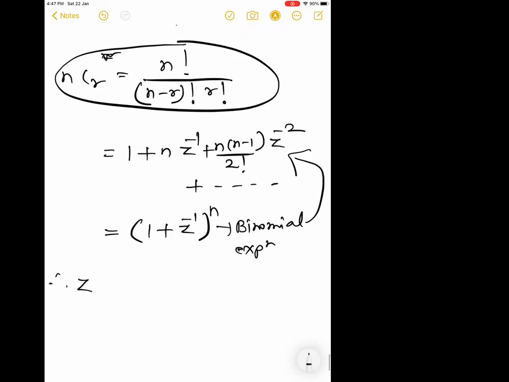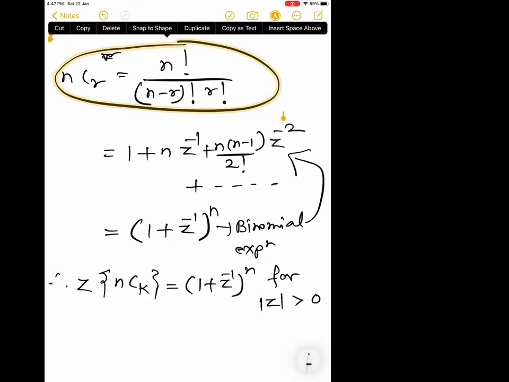Therefore, the Z transform of NCK is equal to 1 plus z raised to minus 1 raised to n for mod z greater than 0. This answer you can remember: 1 plus z raised to minus 1 raised to power n.